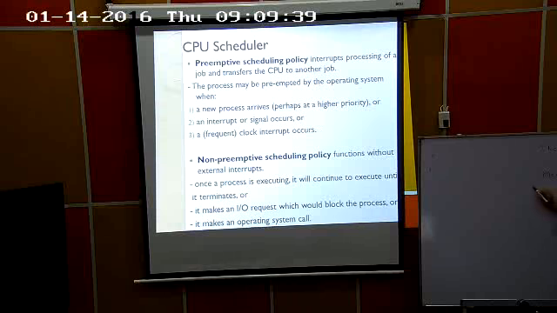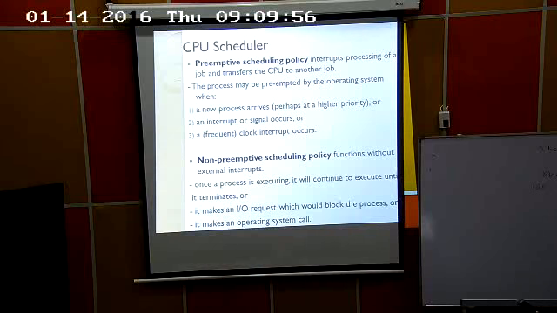For example, if you have 1 gig of RAM and you want to run a lot of things, and at the same time your computer is doing defragmenting or scanning the disk at the back, a lot of things are happening.